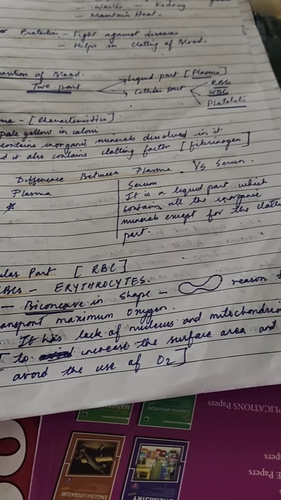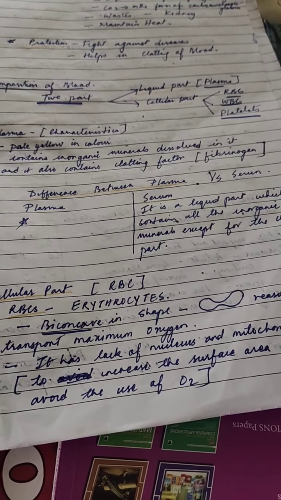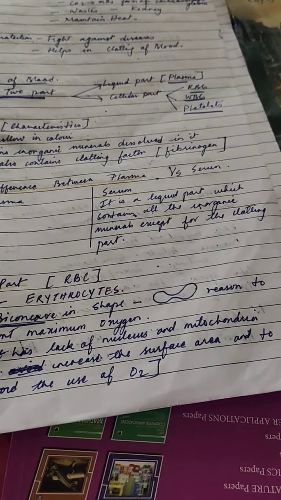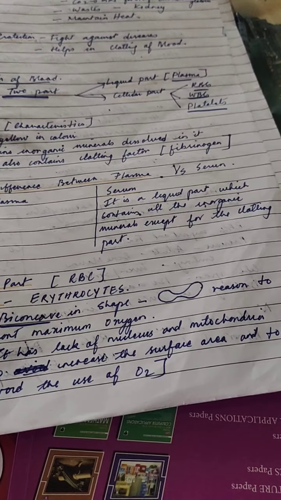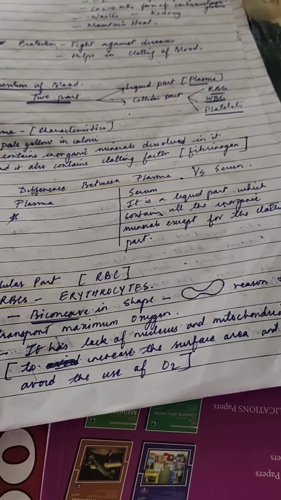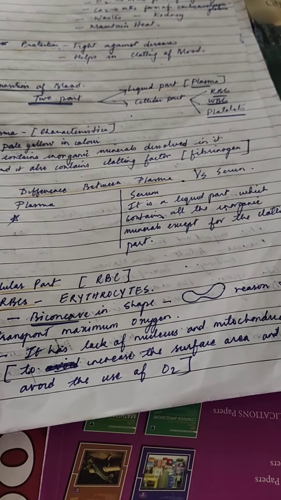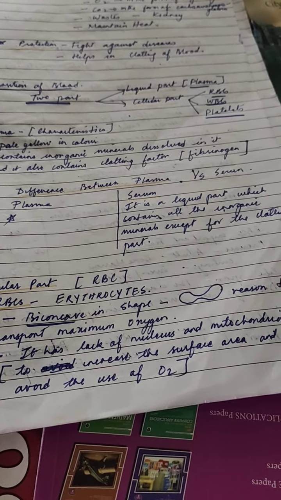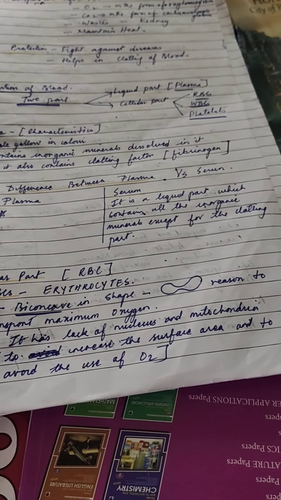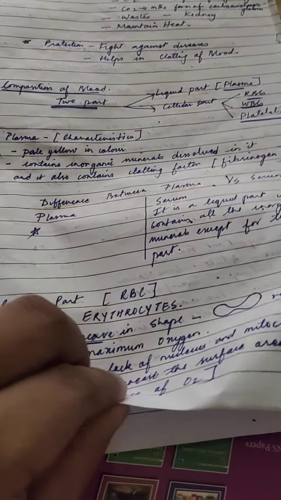It lacks nucleus and mitochondria. If there's a nucleus, the surface area will be less, and mitochondria means energy, so most of the oxygen would be utilized. So for that reason, there is absence of nucleus and mitochondria, to increase the surface area and to avoid the use of oxygen.